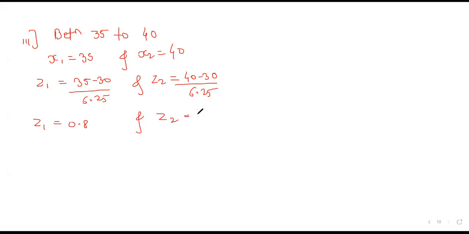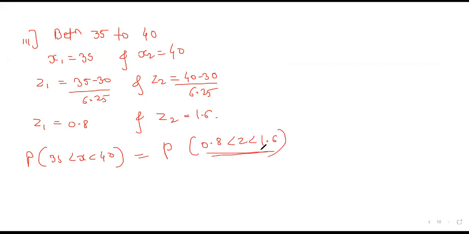Okay, so probability 35 less than x less than 40 is nothing but probability of 0.8 less than z less than 1.6, means we have to calculate area between 0.8 to 1.6.